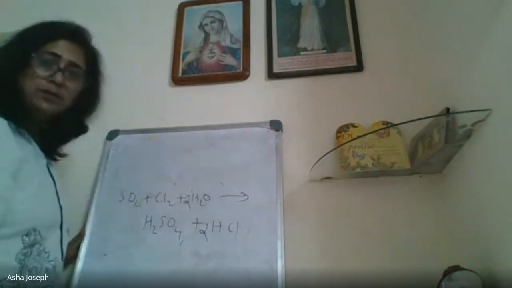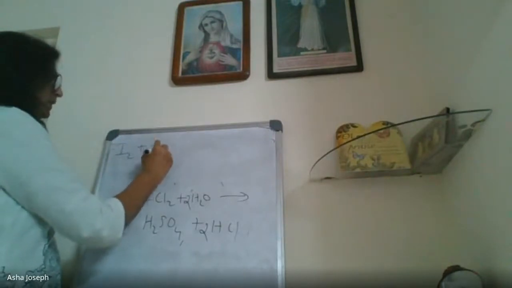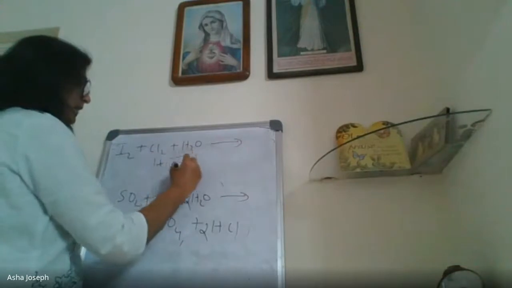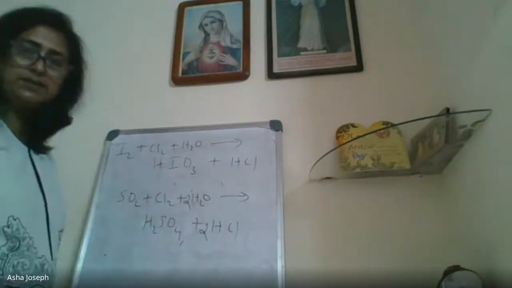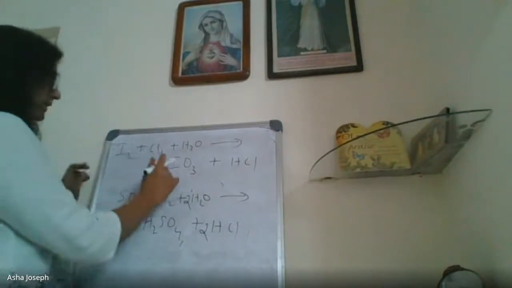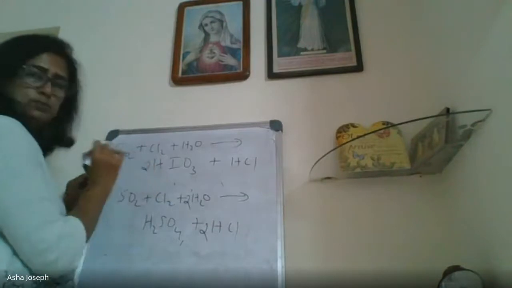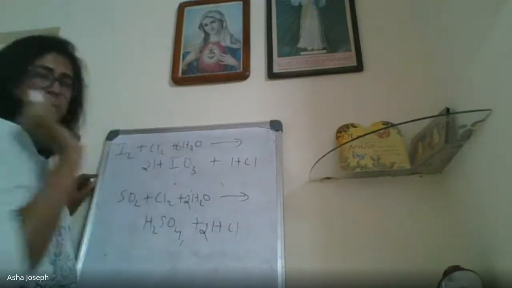So iodine to iodic acid. All of you listen. Iodine plus chlorine water, you will get HIO3 plus HCl. Right? HCl is the byproduct. Now we will balance. Now here 2 iodine, so I am putting 2. So oxygen becomes 6. I have to put a 6 here.